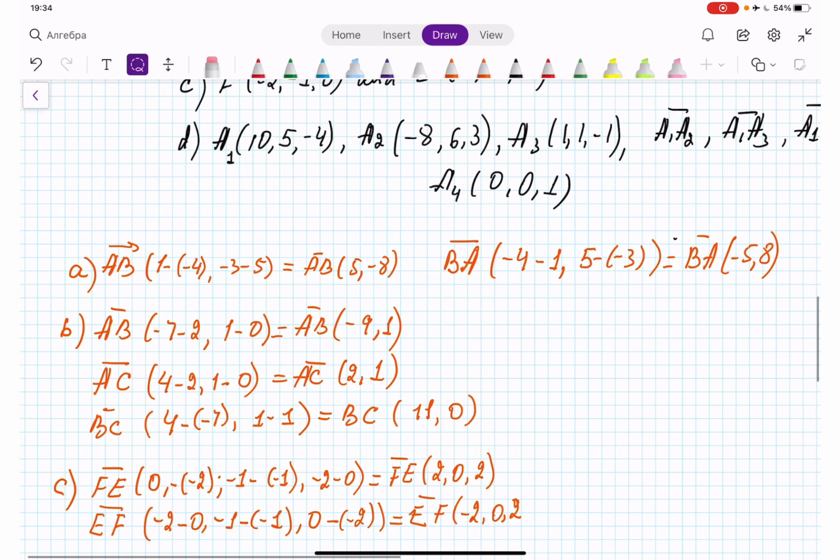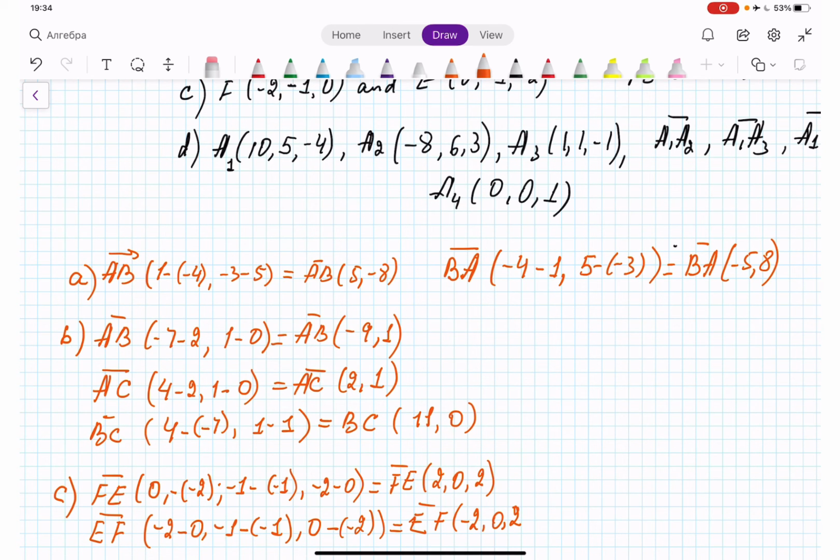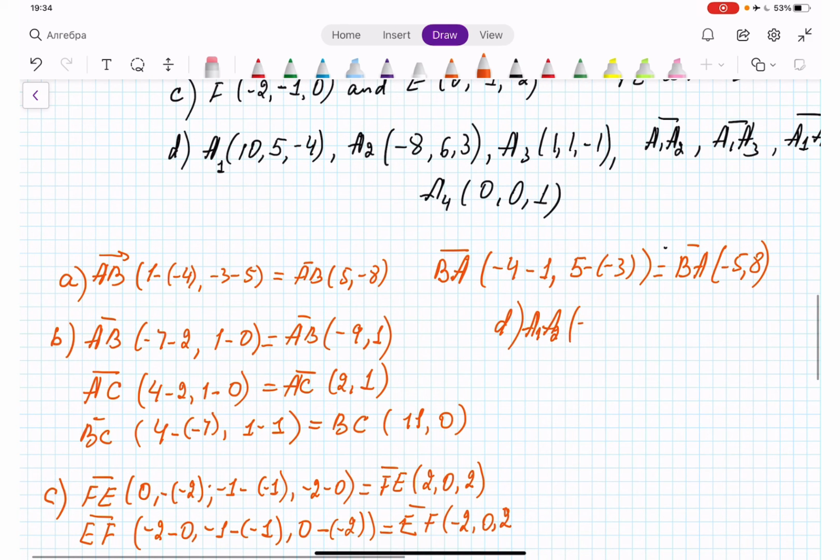Okay, A, B, C, and we have to do D. So A1A2 is negative 8 minus 10, 6 minus 5, and 3 minus negative 4.